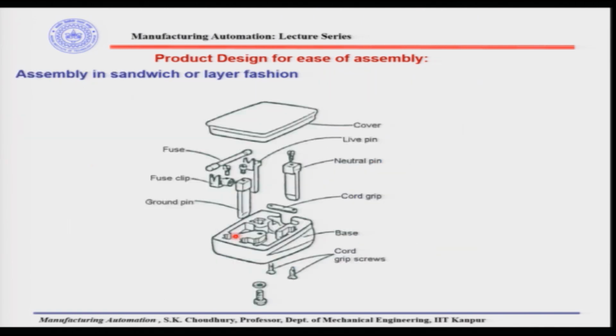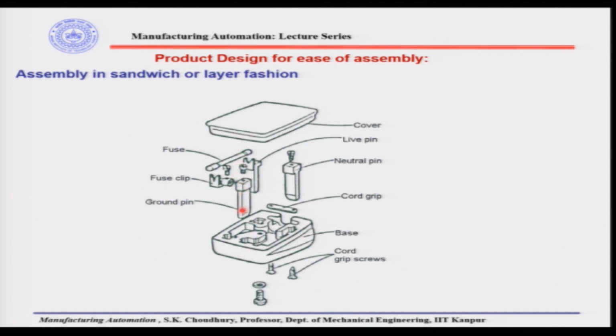Here is an example of a plug, a simple 3 pin plug. When we said assembly in sandwich or layer position, this is exactly what we mean: this is a base for the plug, and the parts come to the base from one direction, preferably from the top.